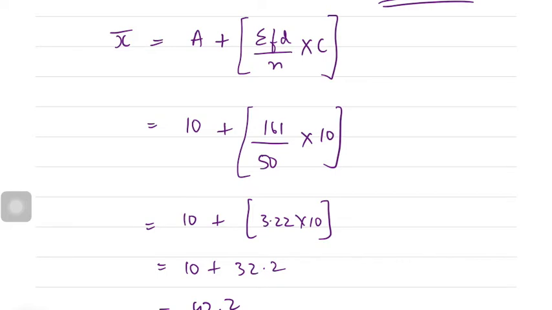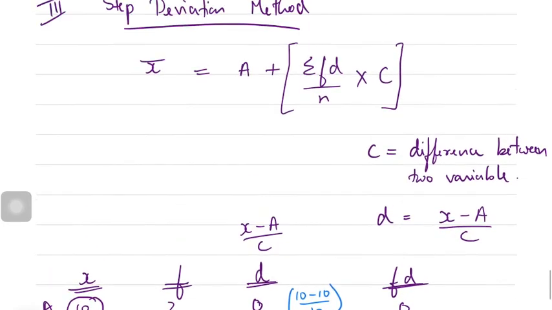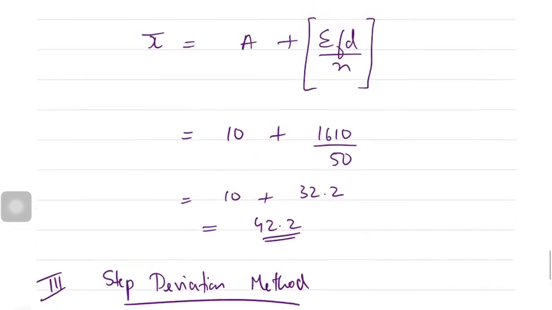In all the three methods, the answer will be the same, obviously. But step deviation method you can only use if the difference between two variables is the same. In the exam, they will not ask which method to use. Whichever method you are comfortable with, you can use direct method, shortcut method, or step deviation method.